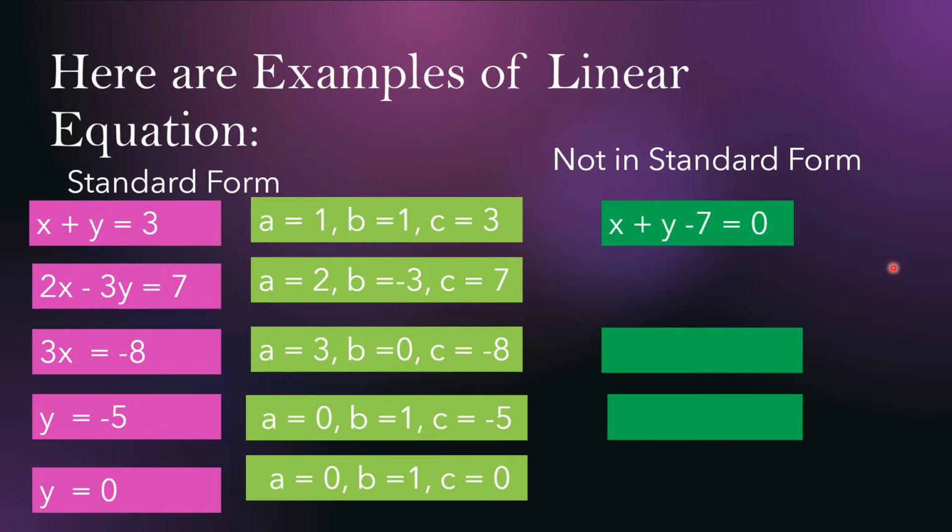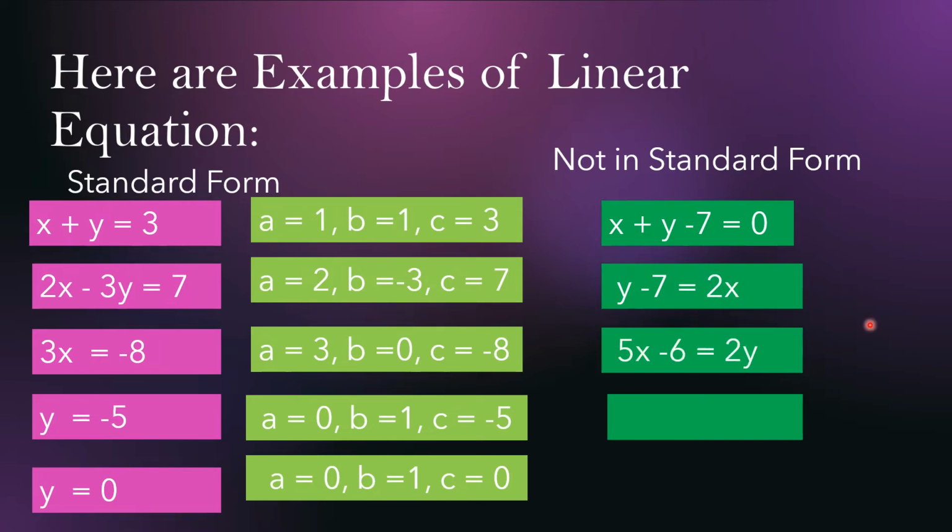Now, what about these? These are still linear equations, but not in standard form. x plus y minus 7 is equal to 0. So this constant number here, c, should be on the other side. And then y minus 7 is equal to 2x.